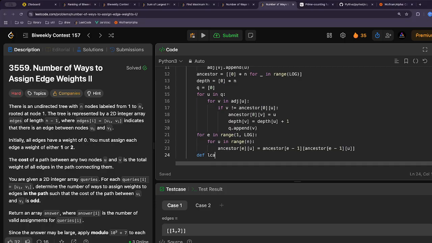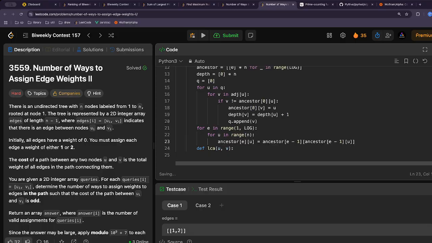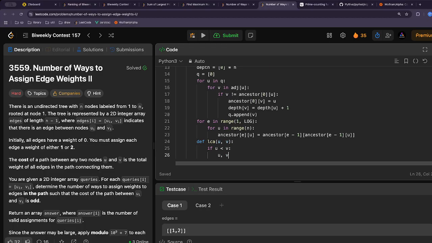So we can create the function for getting the LCA, right? How do we do this? Remember that we assumed that the depth of U wasn't less than B. So usually in algorithms you can make a swap. So we want to assume that the depth of U is greater than or equal to B. If that's not true, then you swap them, right?